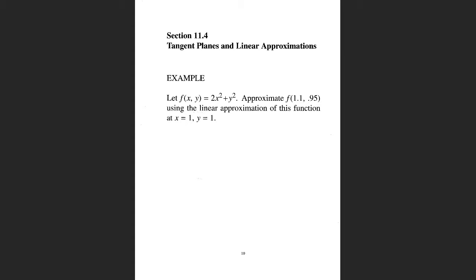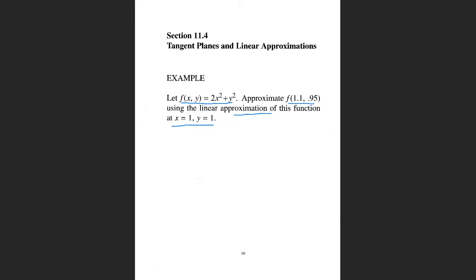Okay, so here we have this paraboloid. This is a function that represents a paraboloid. And we want to approximate the function at the values 1.1 and 0.95 using the linear approximation of this function at x equals 1, y equals 1.